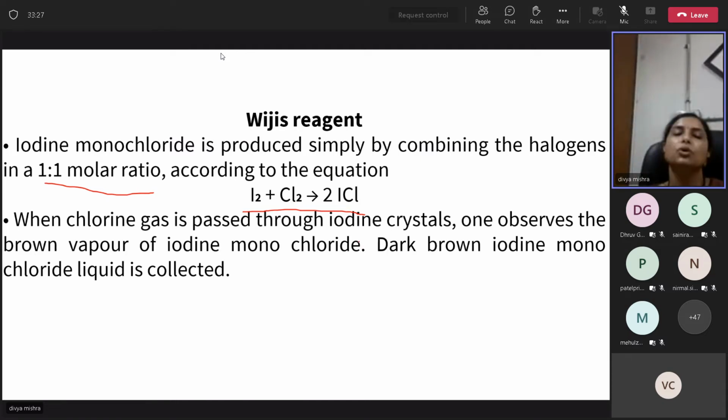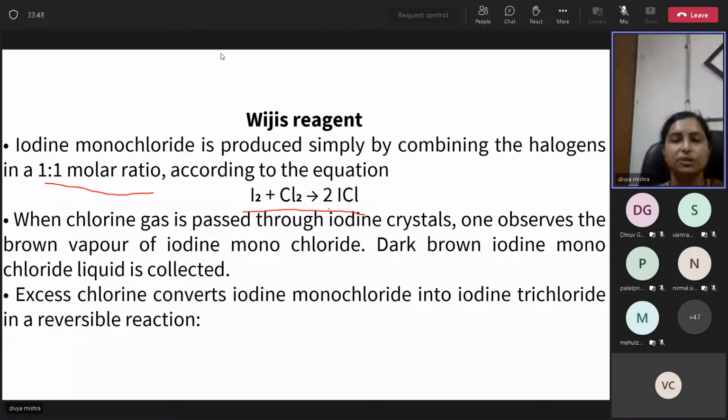Chlorine gas is passed over the iodine crystals, and when we observe brown vapor, we can say that iodine monochloride is prepared. This dark brown iodine monochloride liquid is then collected.